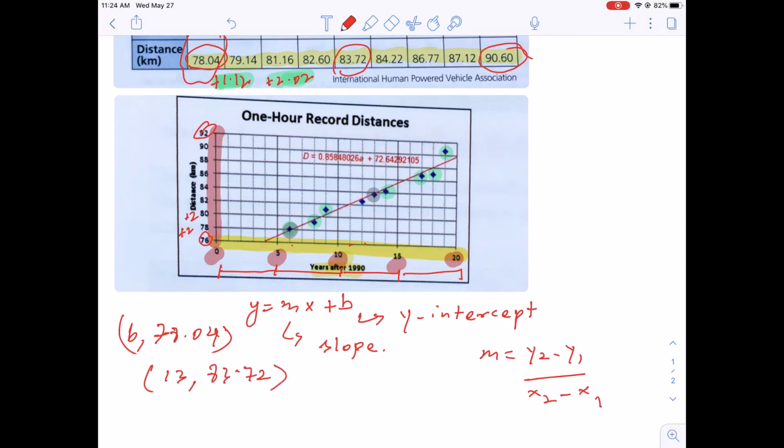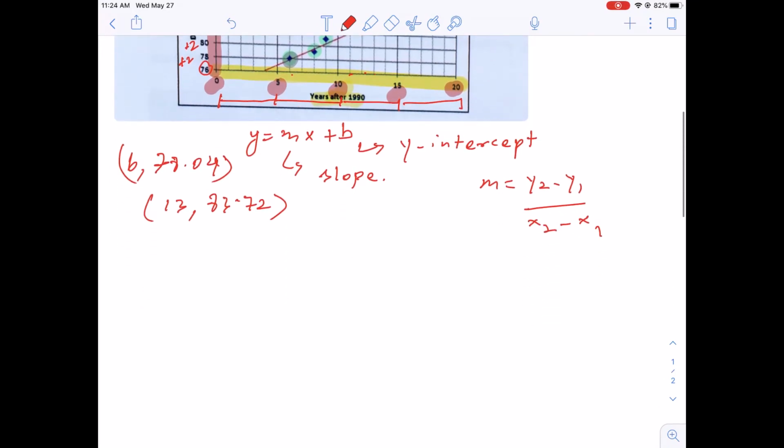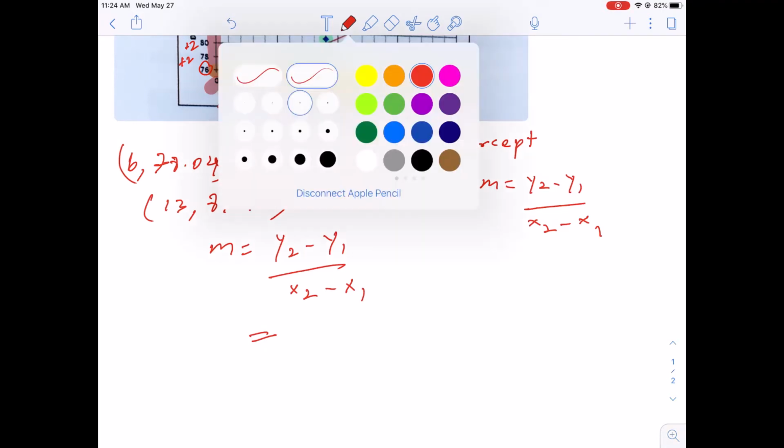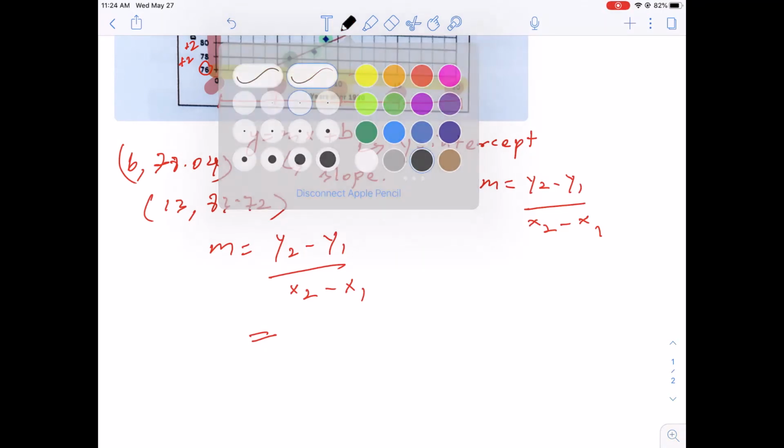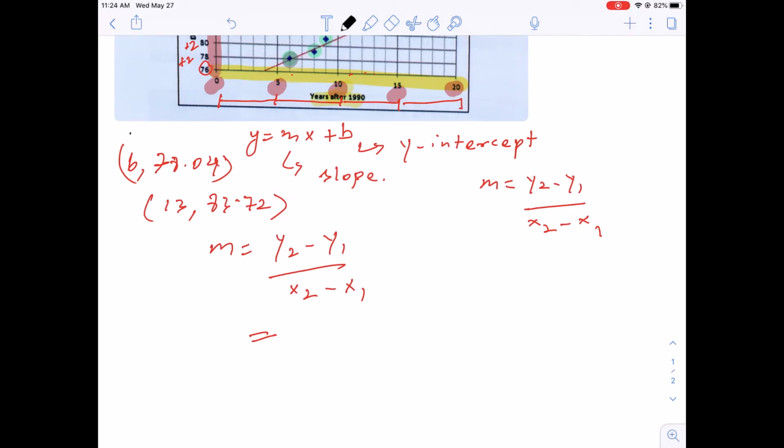Okay, so I have my points, and now I will plug them into my equation for slope, and we'll find the slope for this line of best fit. I'll write my equation again: m equals y2 minus y1 over x2 minus x1. Let's say this is x1, this will be y1, and if this 13 is x2, this will be y2. Now we're going to plug it in.